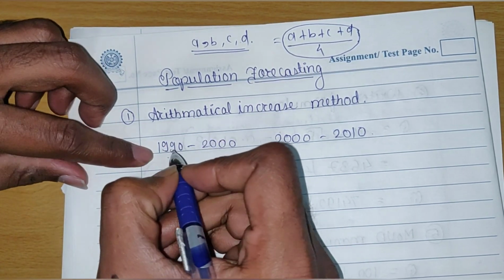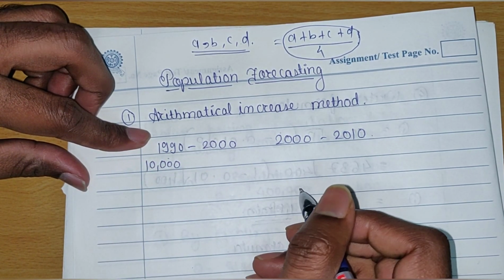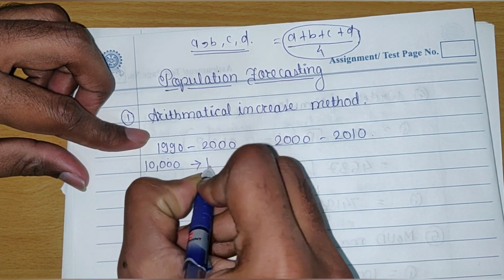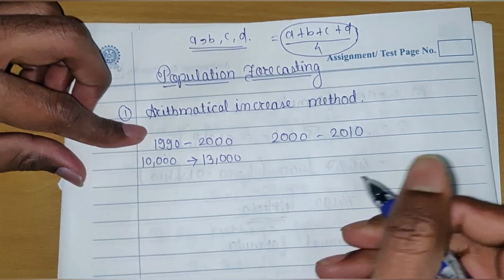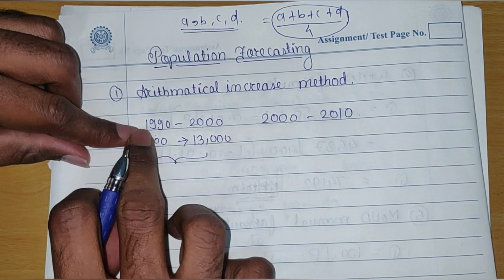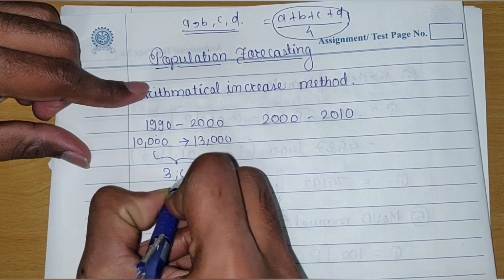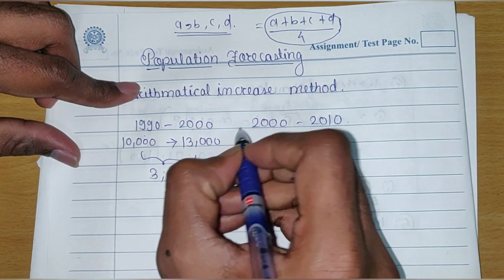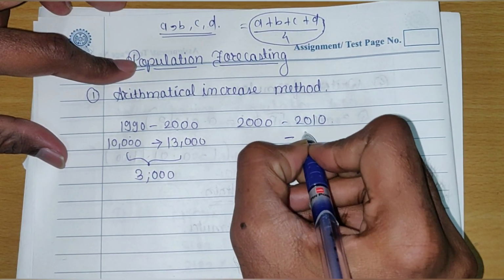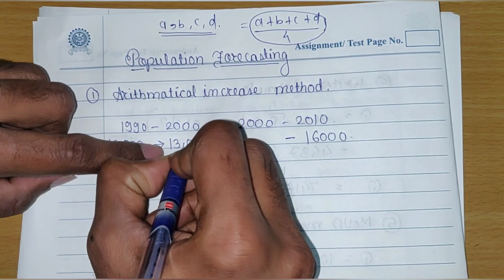Suppose in 1990 the population is 10,000 and in 2000 the population is 13,000. That means the increase in this decade from 1990 to 2000 is 3000. And then the population in 2010 is suppose 16,000.